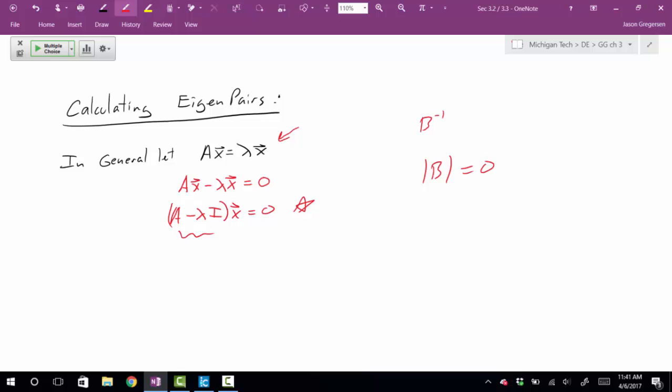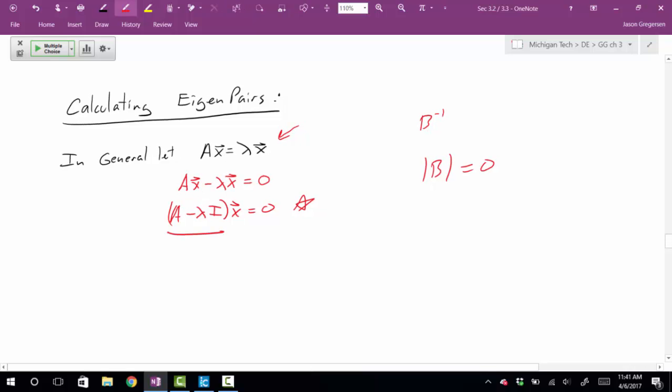That's a whole big bad thing. So if the determinant is equal to 0, the inverse can't exist. And what do I want? I want this matrix not to have an inverse. So for these eigenvectors to exist here, the determinant of this matrix has to be equal to 0. So that's the logic behind my other equation.